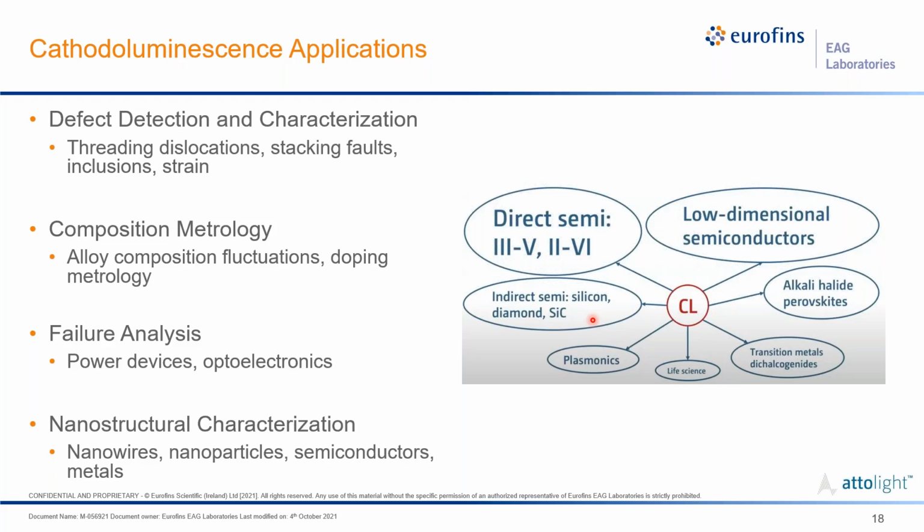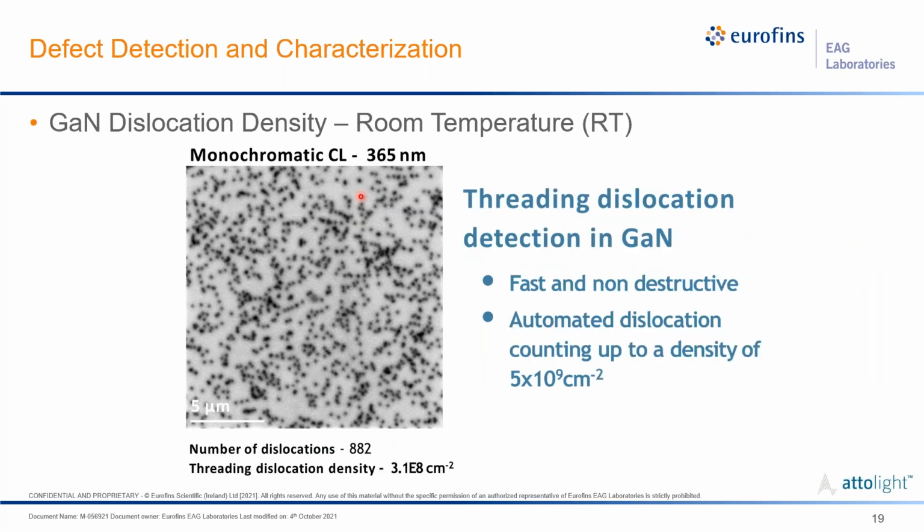We can look at composition metrology, so alloy composition fluctuations, and then also some doping metrology, failure analysis situations, so looking at different power devices or different optoelectronics and maybe degradation mechanisms in those types of devices. And then lastly, nanostructural characterization of nanowires, nanoparticle semiconductors, so finite sized, low dimensional semiconductors. So we'll just go over a few examples of this kind of analysis.